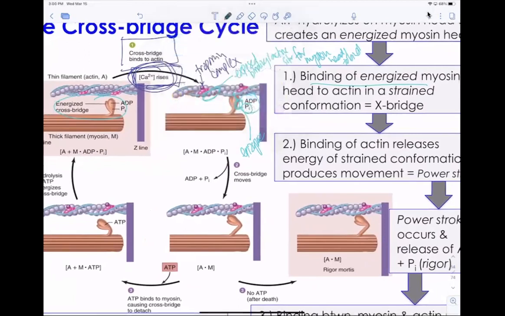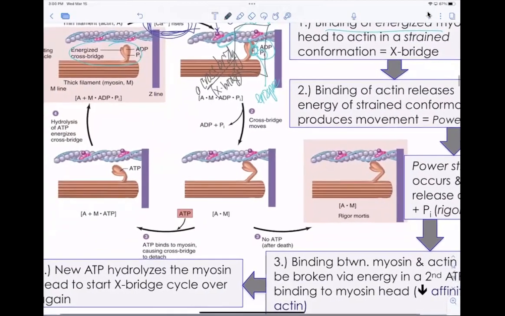So right here, we're looking at a cross bridge. I always kind of shorten it to cross bridge. So now you have a cross bridge. The minute that cross bridge happens, it's what is called a power stroke. The power stroke is the myosin head pivoting and pulling the actin strand with it.